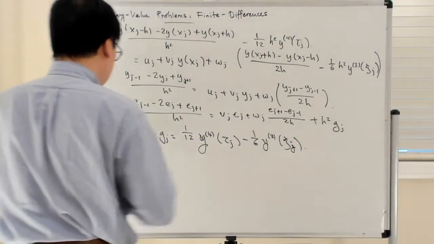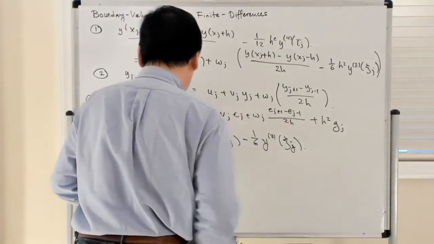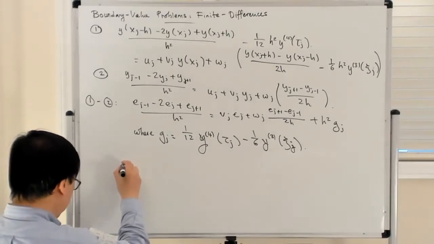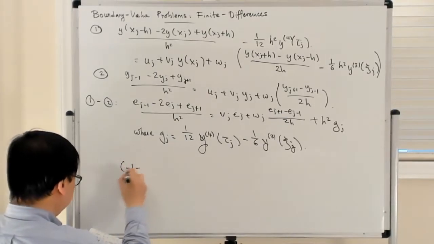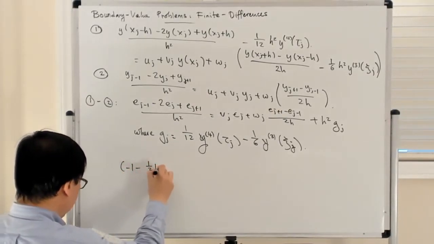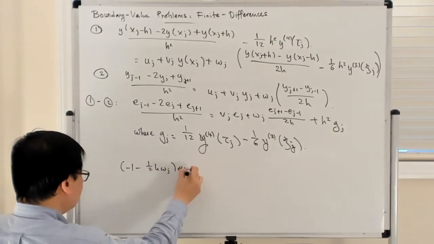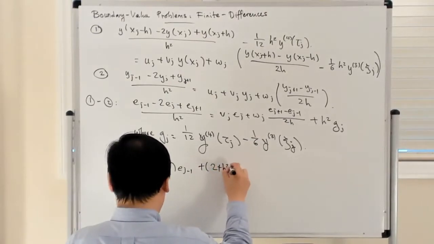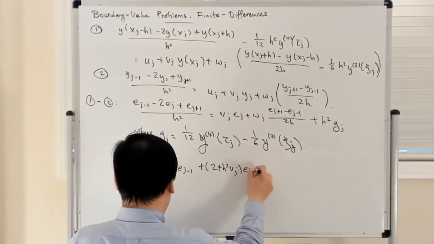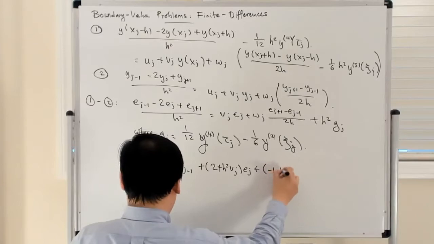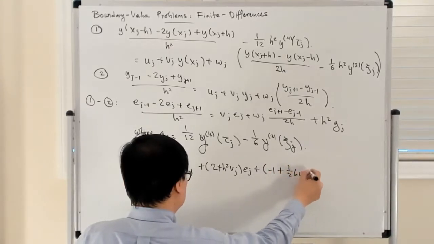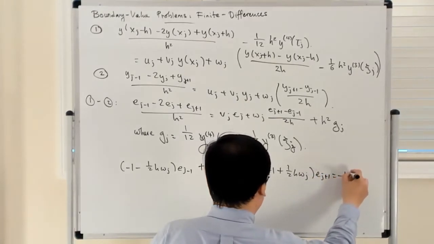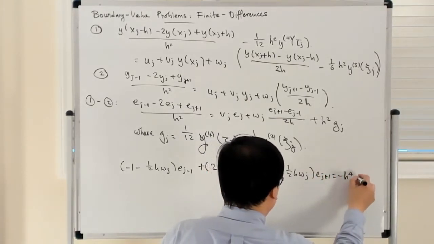So I can rewrite that as before by multiplying by h squared throughout, as follows: minus 1 minus 1/2 h wj times ej minus 1, plus 2 plus h squared vj times ej, plus minus 1 plus 1/2 h wj times ej plus 1, is equal to minus h to the 4th gj.